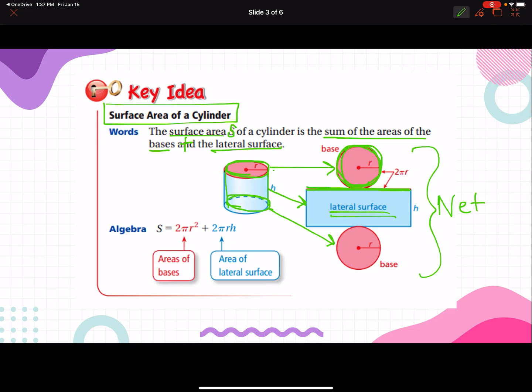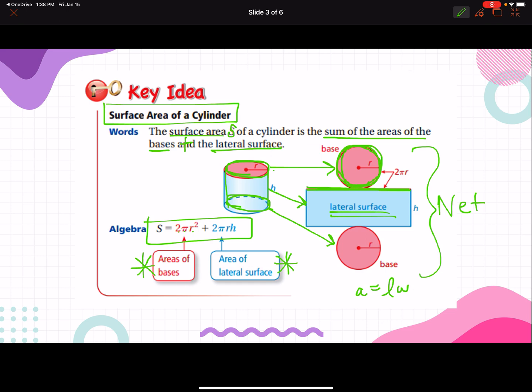Now, our formula for the surface area of a cylinder takes into account the two areas of the base. Right here, we have two of those areas of a circle. That's why we have the 2 out in front of the formula for the area of a circle. And then the area of the lateral surface, which is in the shape of a rectangle. Remember, the formula for the area of a rectangle is length times width.